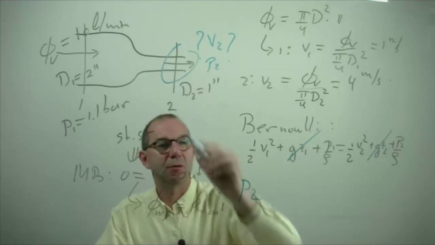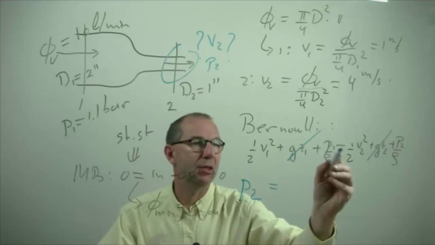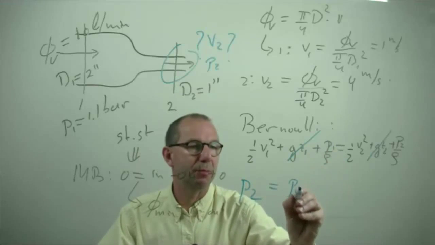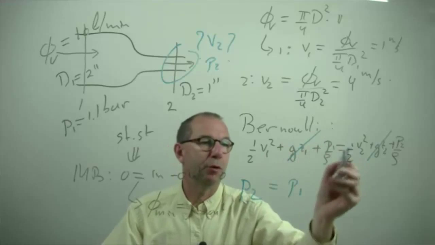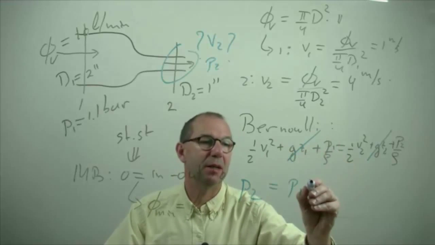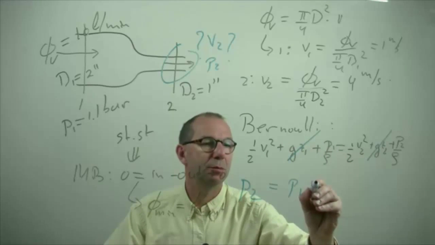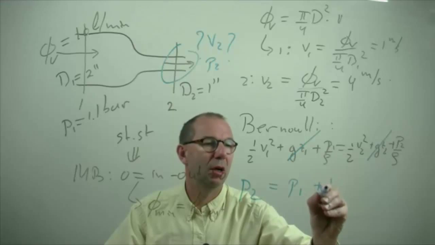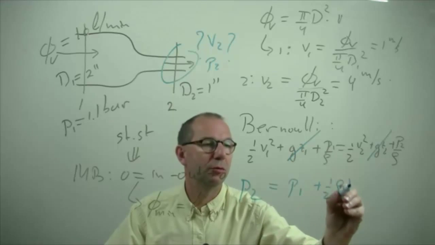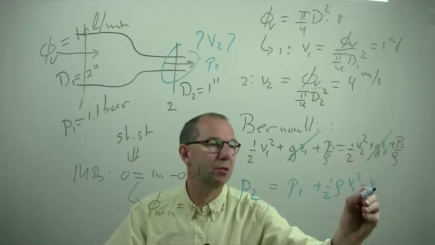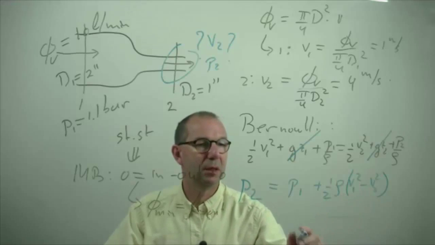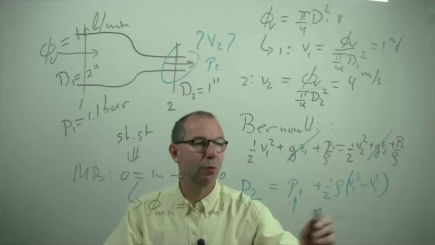P2, the pressure downstream, is the pressure upstream, and then I need to correct for velocity effect, in essence kinetic energy effect. So that's going to be plus a half rho (V1 squared minus V2 squared). This is known, 1.1 bar.